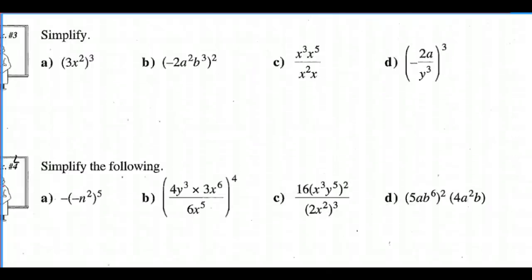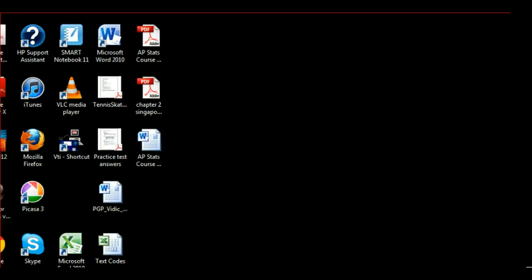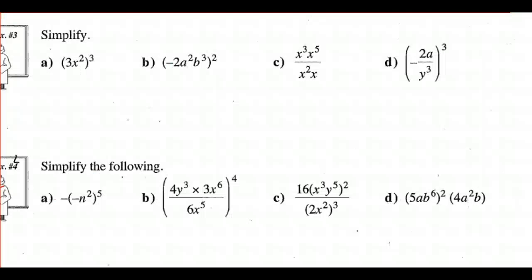Okay, let's look at these next ones. So now I have a power of a power here. Let me do this first one the long way. I can rewrite this as 3x squared times 3x squared times 3x squared.